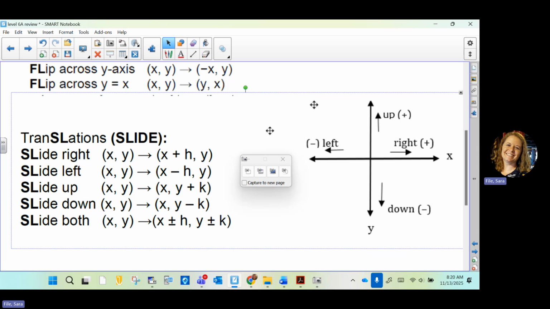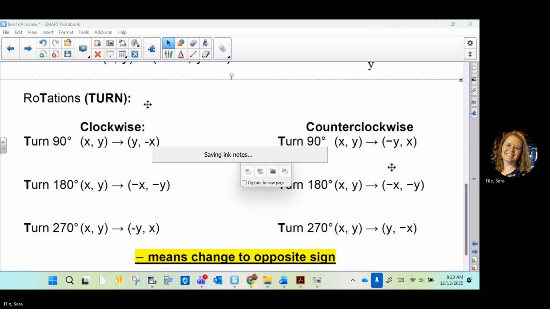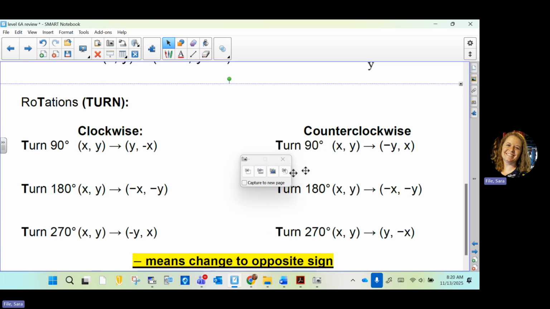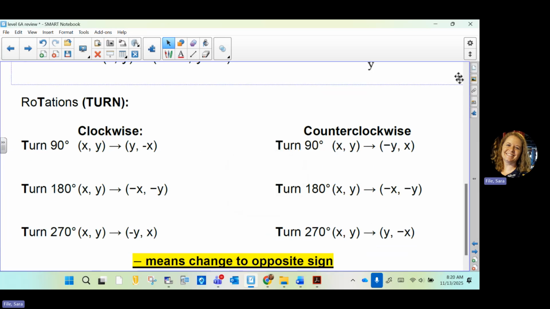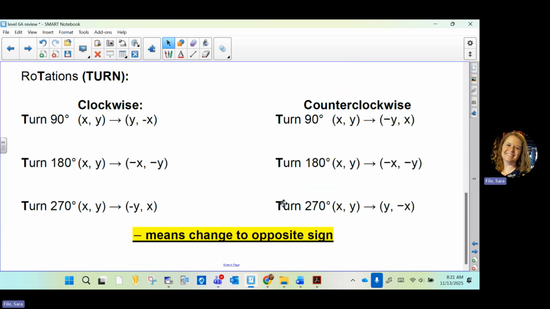Okay, so there's the translate. There's the rotate. This one has it shown, and this is what you'll have. You can look at clockwise versus counterclockwise. Remember, anytime you see a negative in front of the X or Y in a rule for a rotation or a reflection, that minus just means to change the sign.